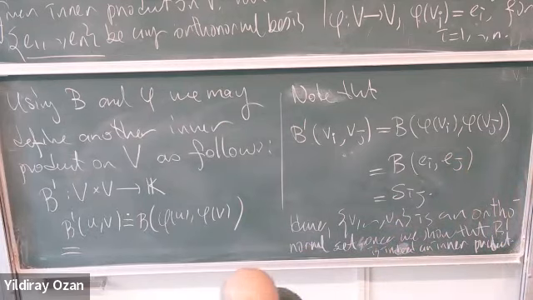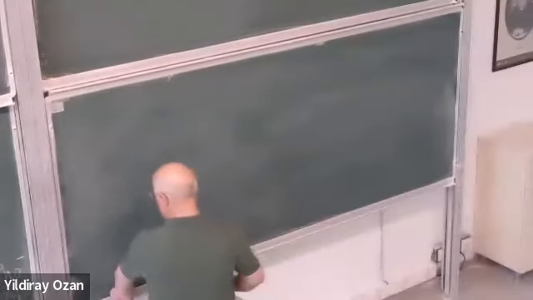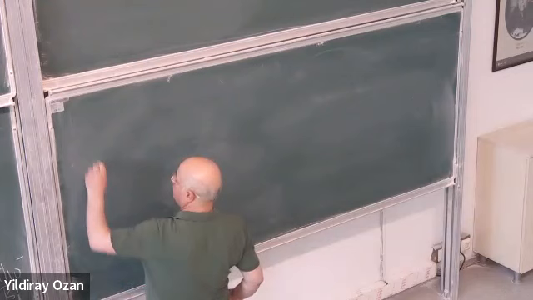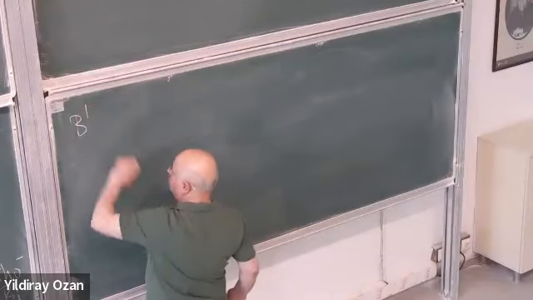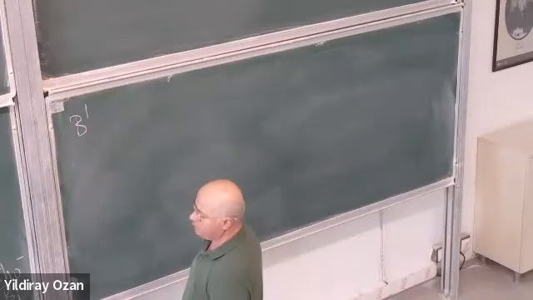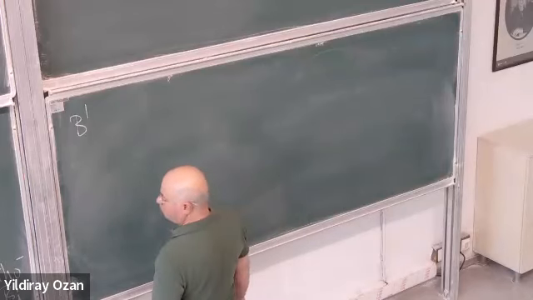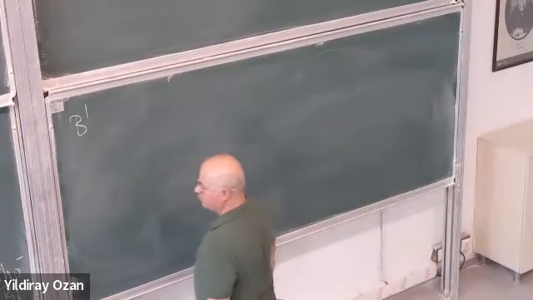Let's see that. Well, we have to show three things. That this is linear in both components, it is symmetric, and it is positive definite.